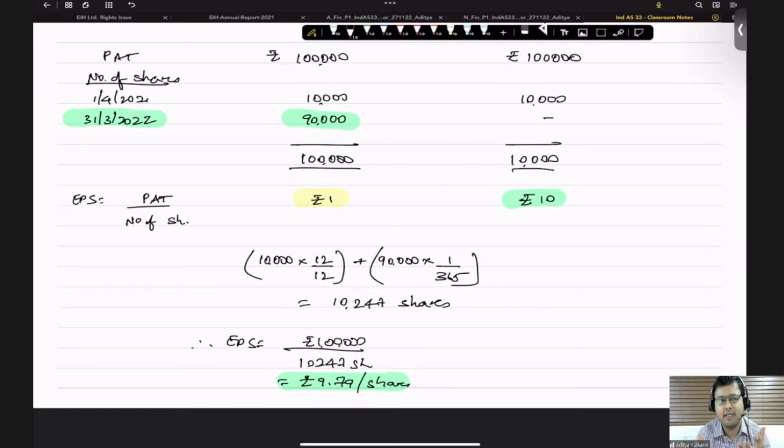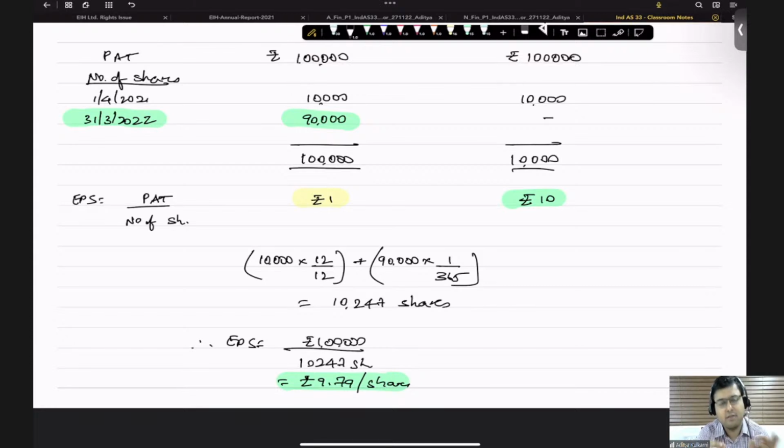Basically, EPS is kind of equating the capital structure, the funds which are available as part of capital, with how you have utilized them to give the profit after tax. So in the first case, I had 10,000 shares for the entire year, so 10,000 is my weighted average number.